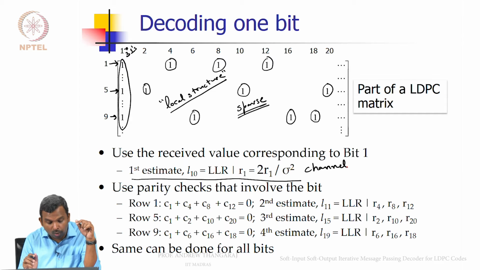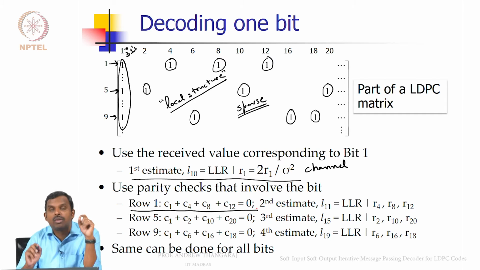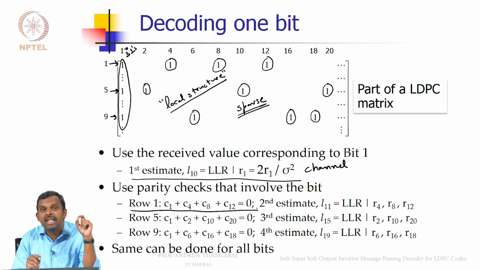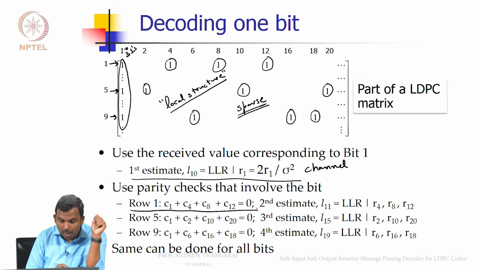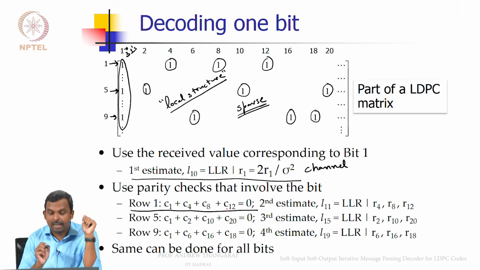Now, what does row 1 tell you? We saw this before. Every row of the parity check matrix actually defines a single parity check code. It gives you a parity check constraint that is satisfied by one subset of the bits of the code word. So, row 1 is telling you that C1, C4, C8 and C12 belong to the single parity check code. So, that is something that we know.